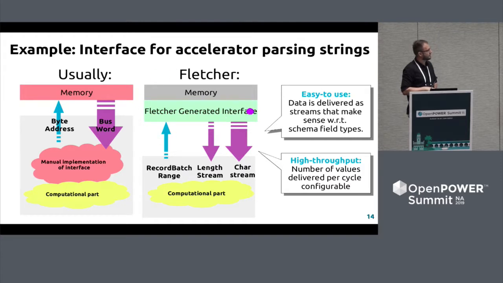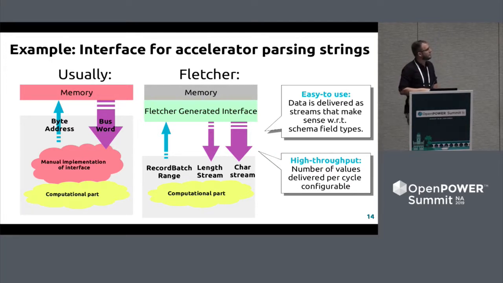So this, for us, means that it's easy to use, right? Because it's much easier than working with bytes. Now we actually get the types of streams that we'd like to see based on the schema and the types of the fields in the schema. And we also wanted to make it high throughput, so we wanted to make sure that we do get that 25 gigabytes per second or something.